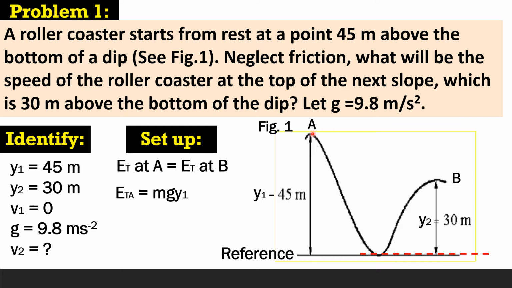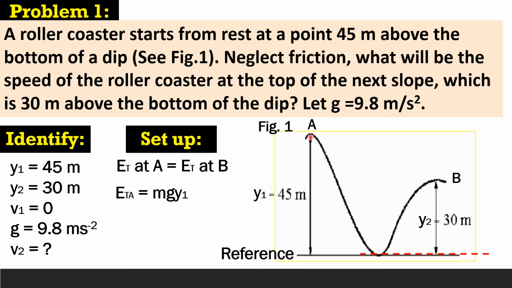The only energy that it has at that point is gravitational potential energy, which is equal to mgy, where y is the height from the reference level up to point A.